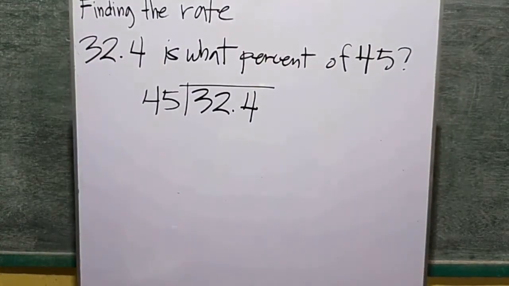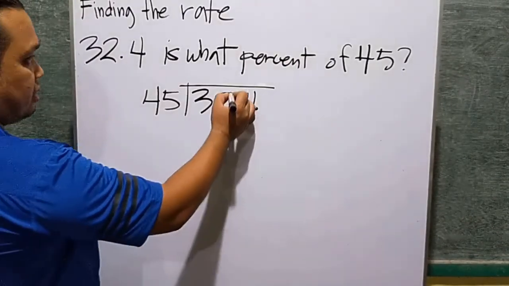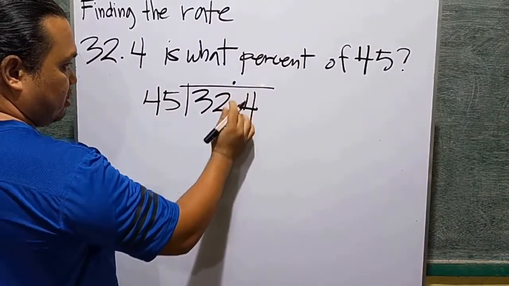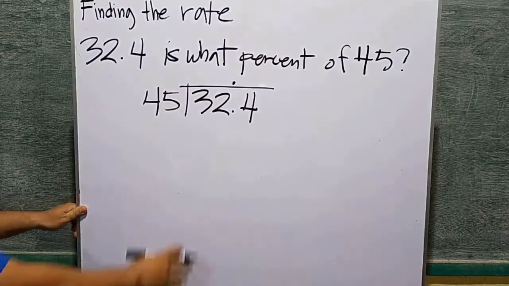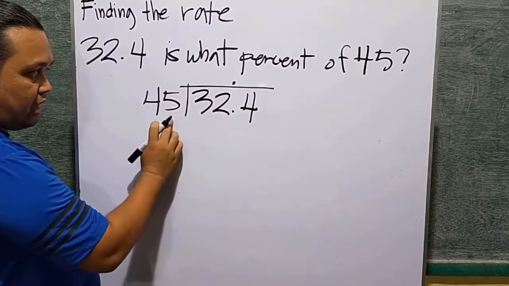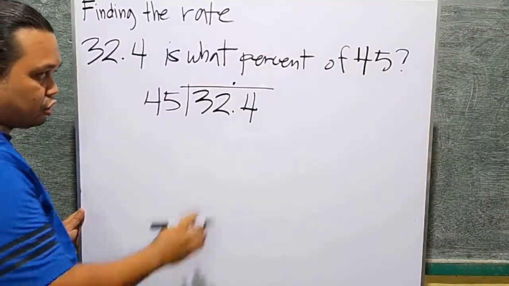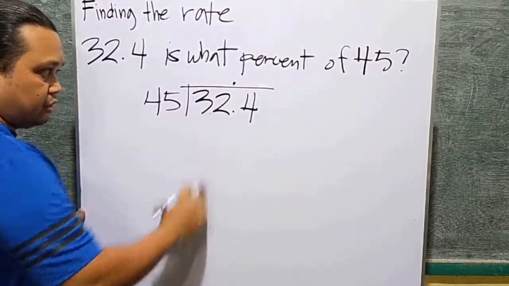Now let's divide. Dividing decimal numbers. Put a decimal point here aligned to the decimal point below, and let's divide. Now 32 divided by 45 cannot be, because 45 is greater than 32.